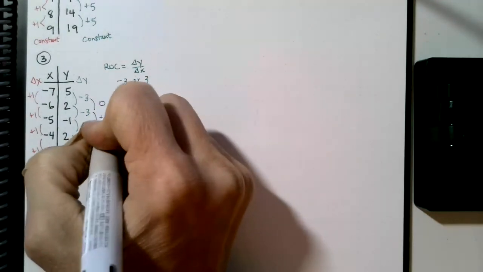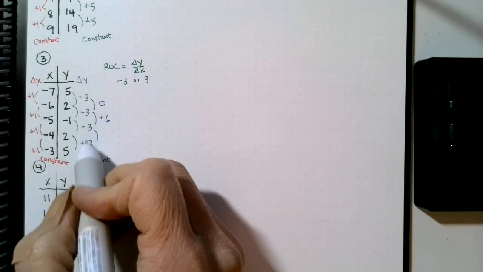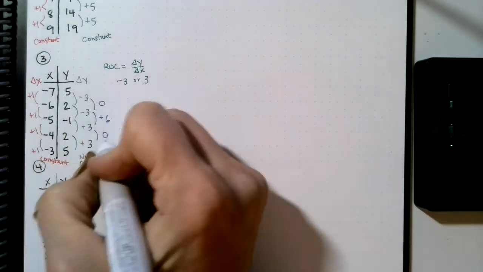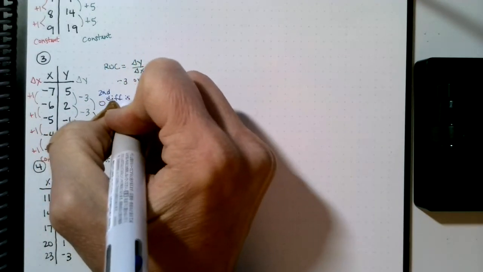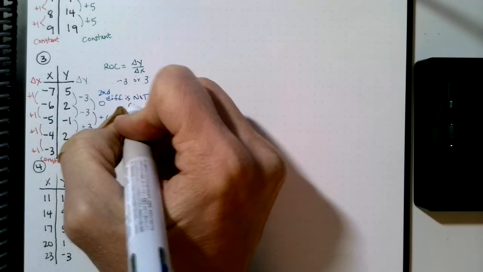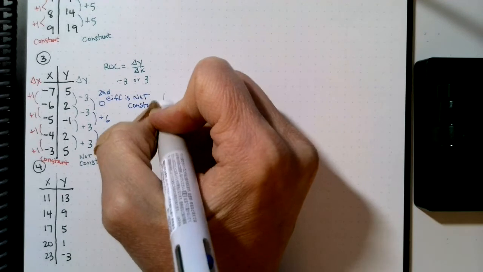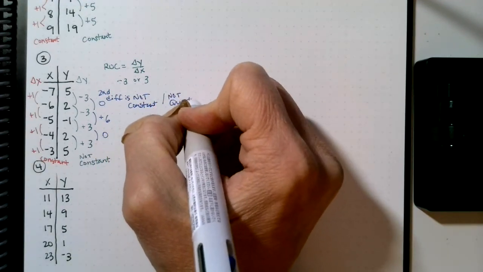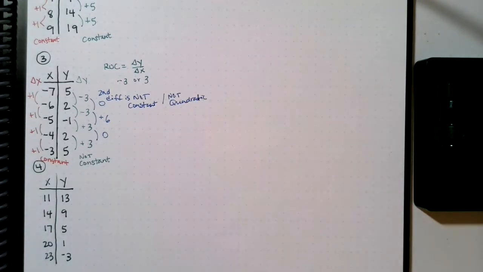So this is an increase of 6. The change between 3 and 3 is also 0. So our second difference is not constant. So this means that it is not quadratic. So we know it is not linear and it is not quadratic.